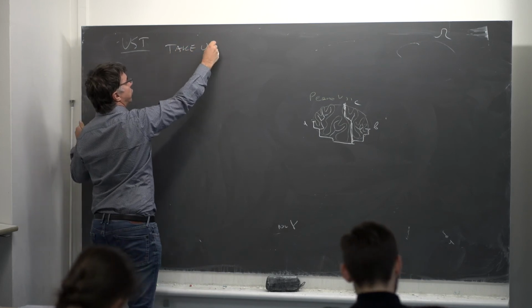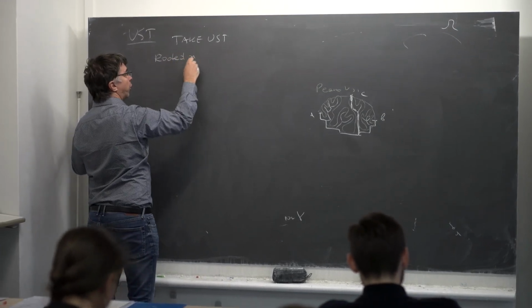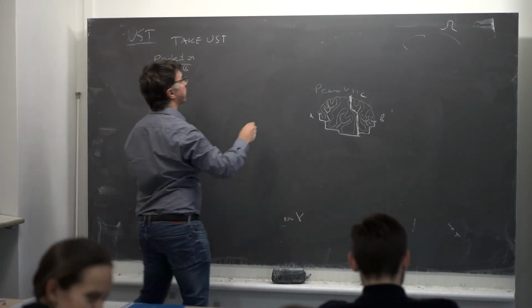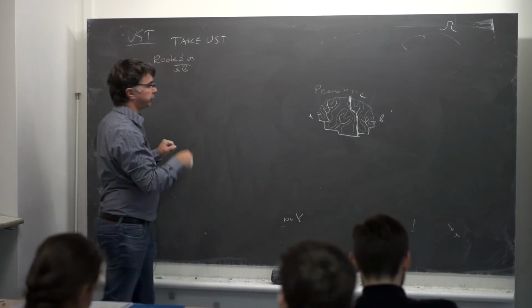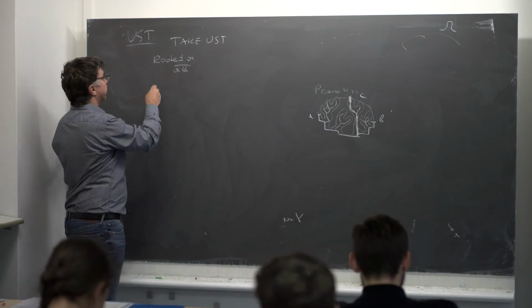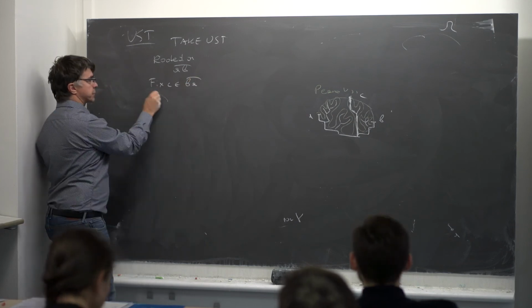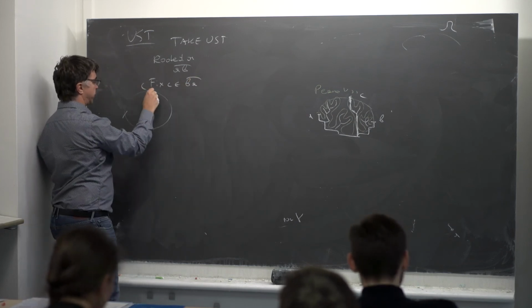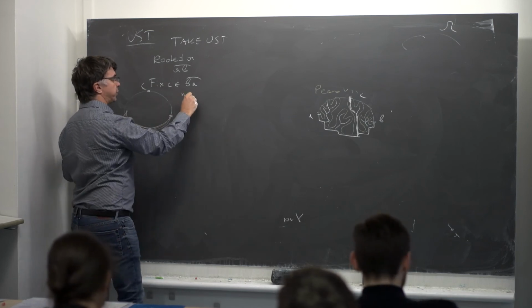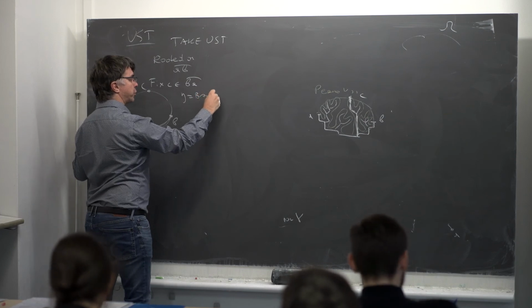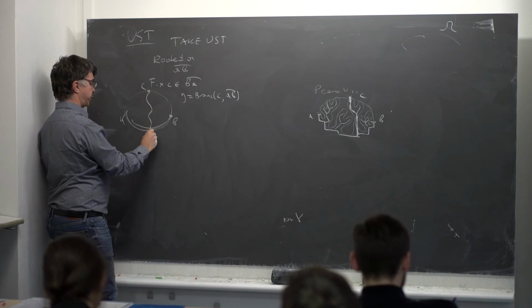So take the UST rooted on the arc AB. We have this picture. Fix C on the arc BA. Let eta be the branch which connects C to the arc AB.